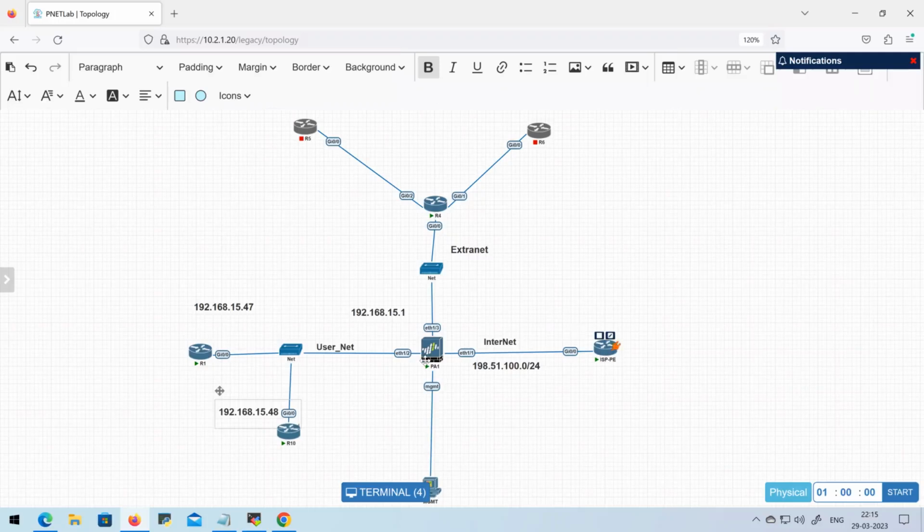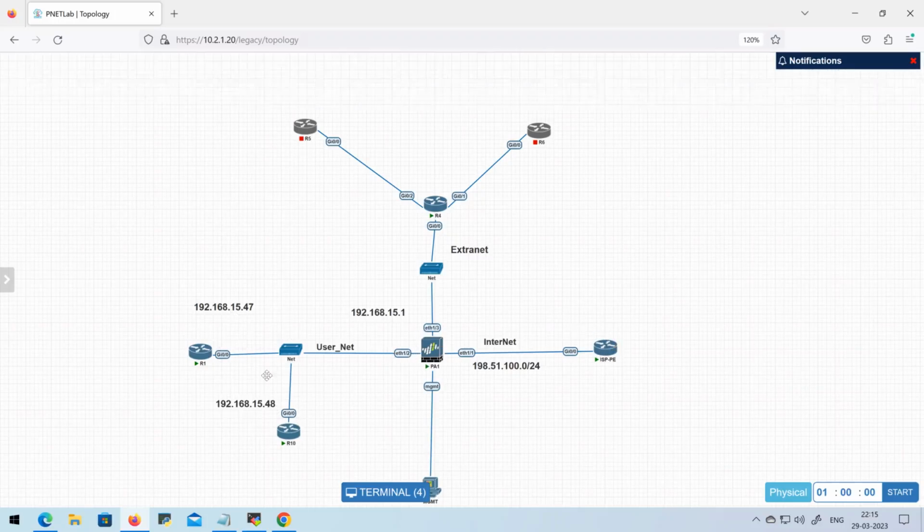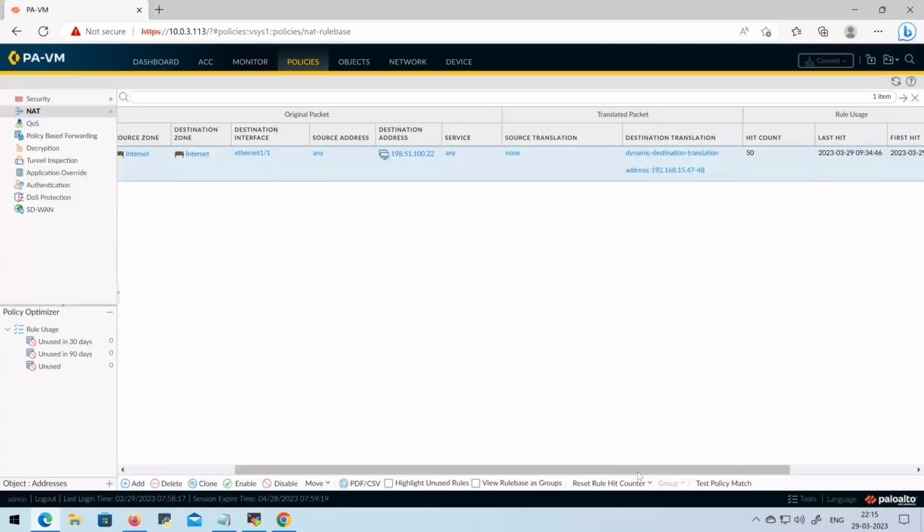Traffic comes from here, lands here, the firewall translates it and sends it packet by packet, stream by stream, to one of the routers. I hope it is committed by now. Yes. So let's go.